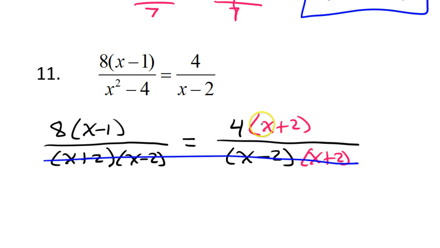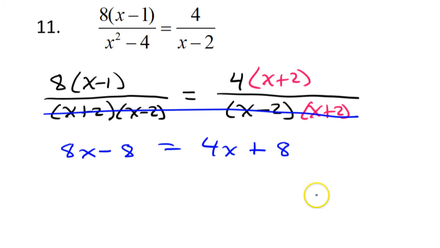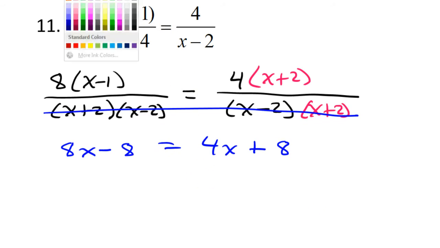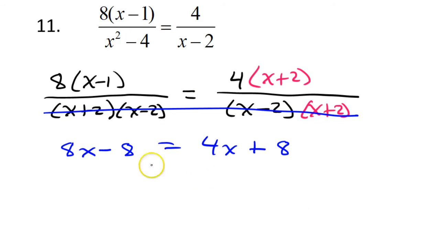Alright, so setting the numerators equal to each other, and I will go ahead and distribute right now. So I've got 8x minus 8 is equal to 4x plus 8. Okay, so I want to get these x's together, so I'm going to subtract 4x from both sides.